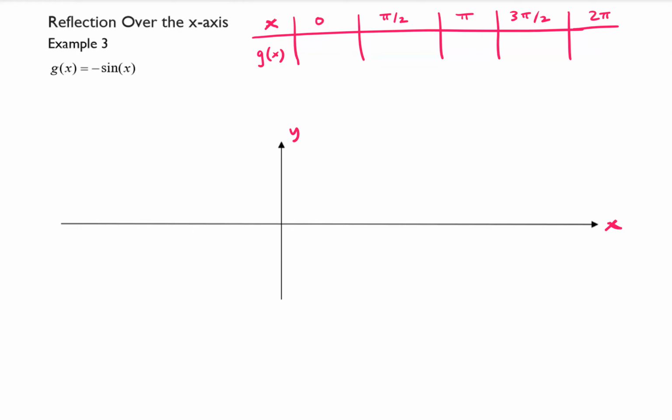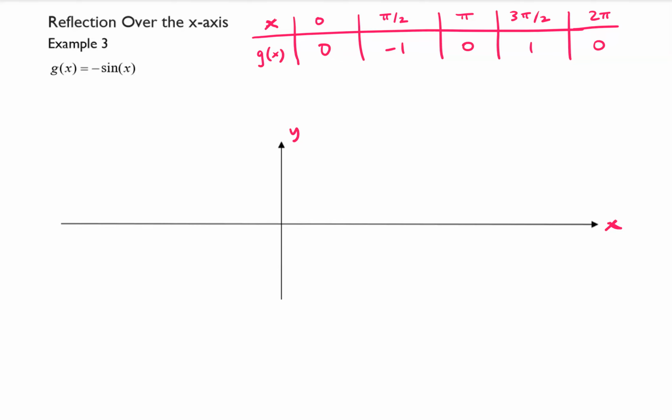So all we're doing is we're taking the output values that we would normally get and we're multiplying them by -1. So this is going to be 0, this would be -1, 0, +1, and this would be 0.